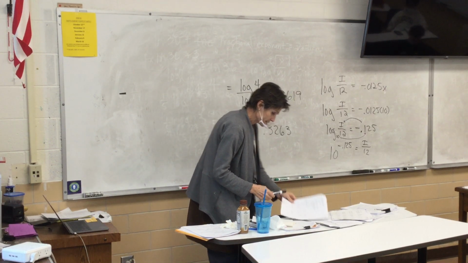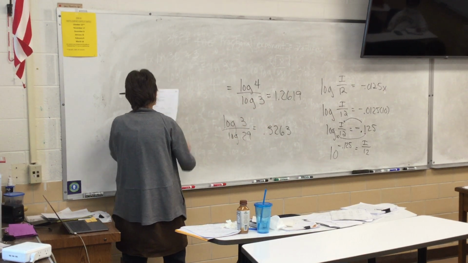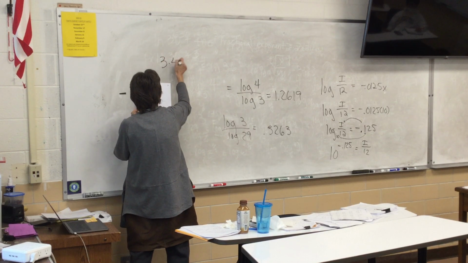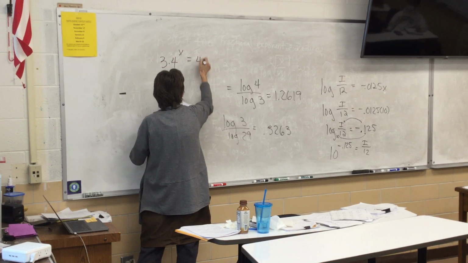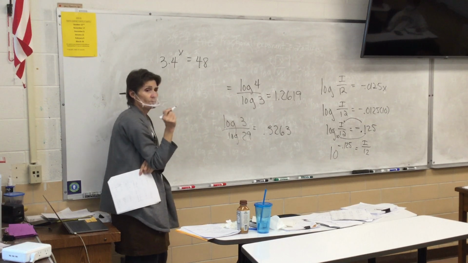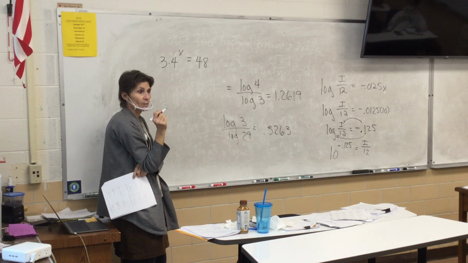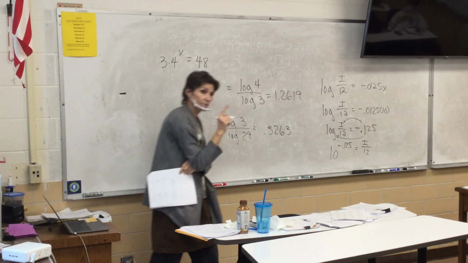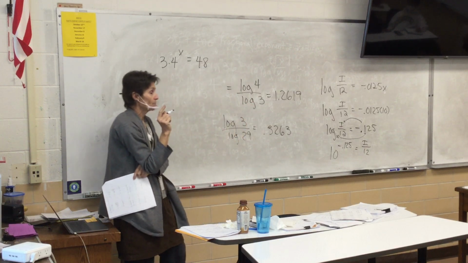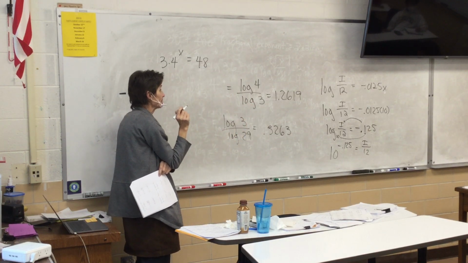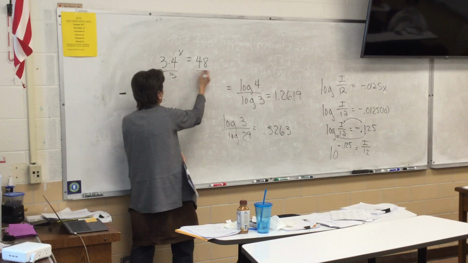Not quite so easy. What do you think you're going to do with this one? 3 times 4 to the x equals 48. Remember, this is a no calculator thing. Divide both sides by 3.